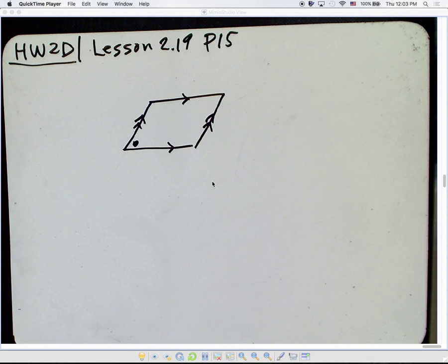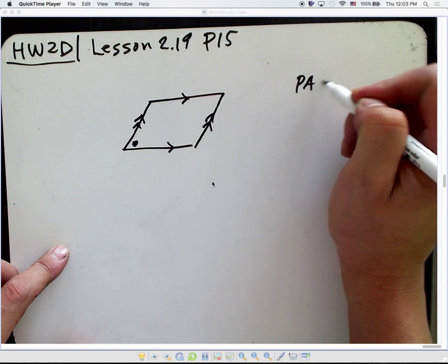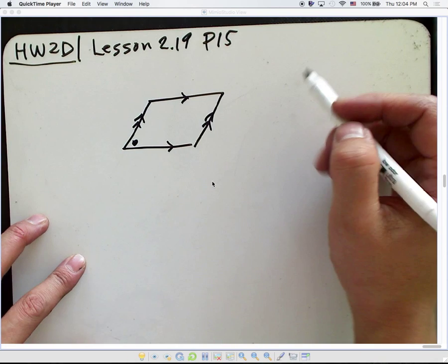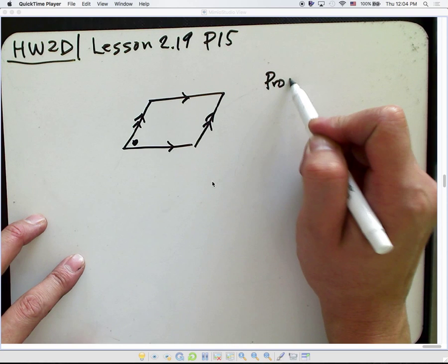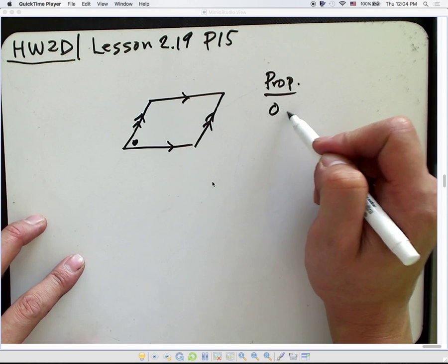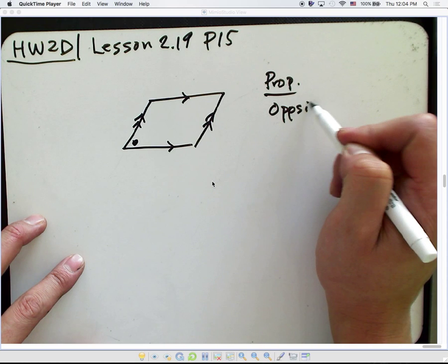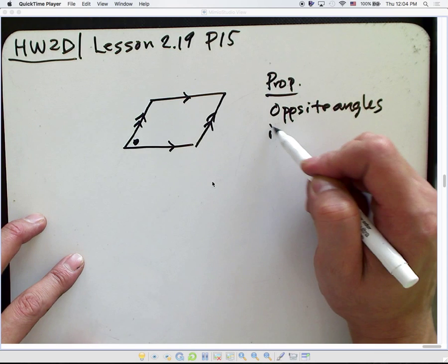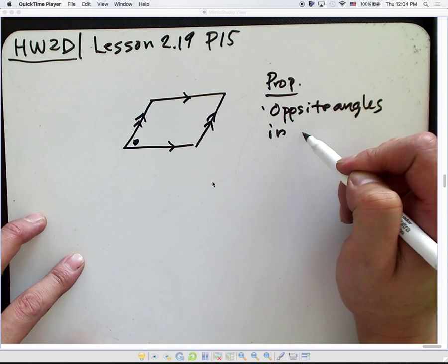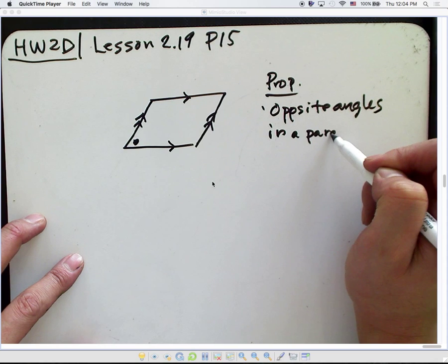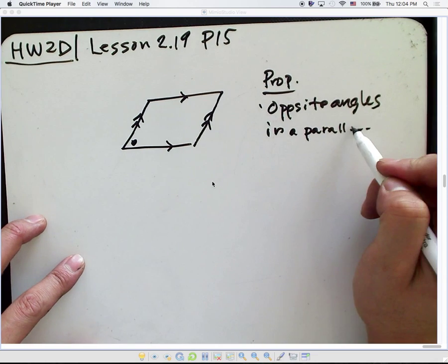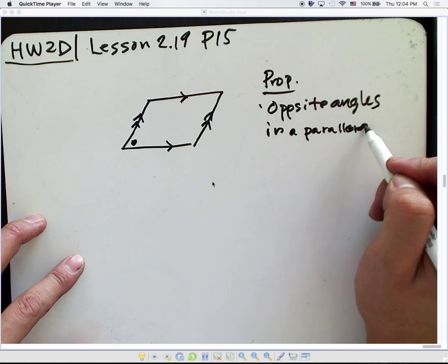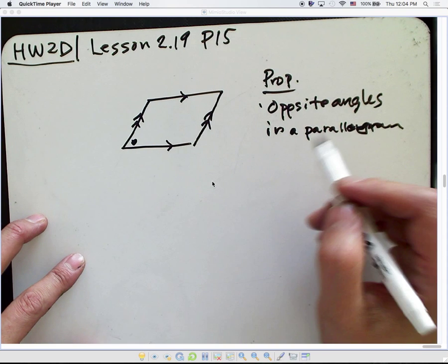You can use the Pythagorean theorem, or you can use one of the properties of a parallelogram. One of the properties of a parallelogram is that the opposite angles inside a parallelogram are congruent.